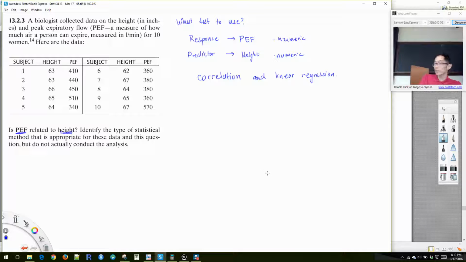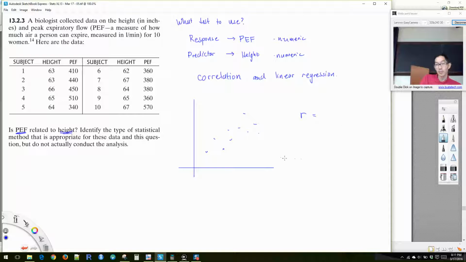And then if we were to do this test, what would we do? We need to plot the data. So we would plot our data, and then calculate our correlation. Maybe a computer can do this for us.